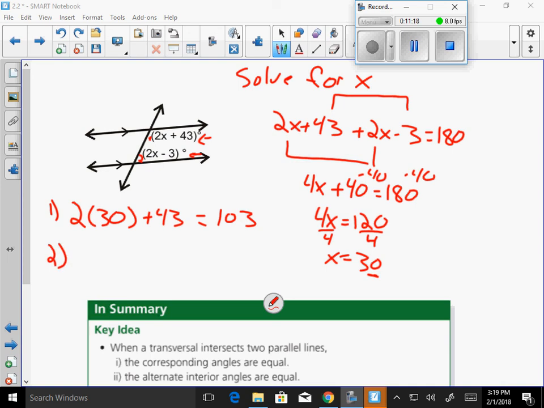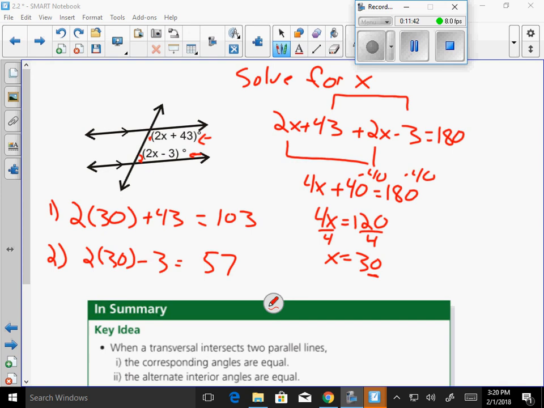Now for angle 2, it's going to be 2 times 30 minus 3. So 60 minus 3 is 57.